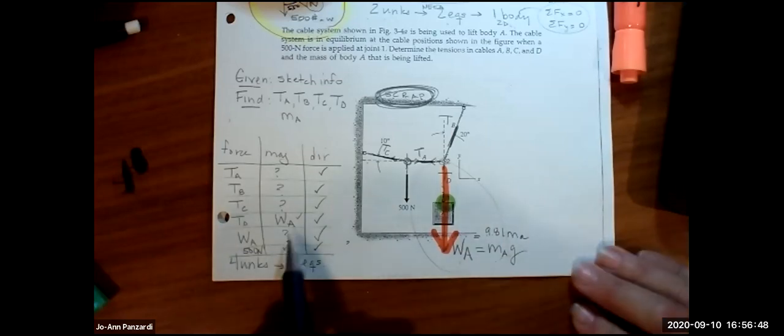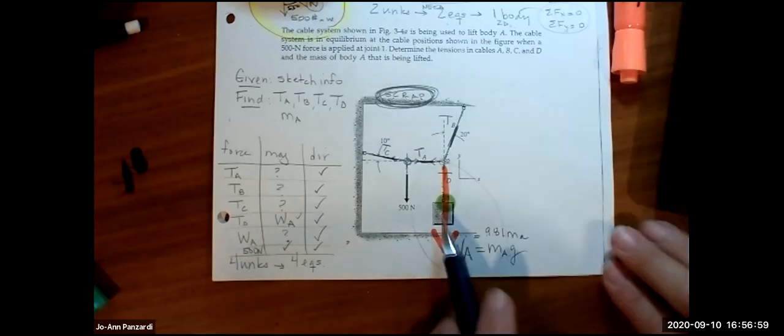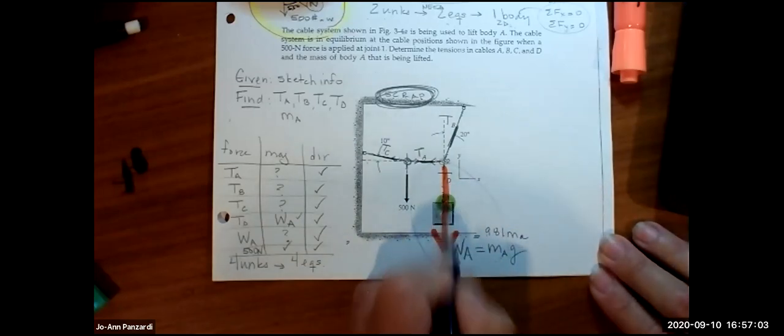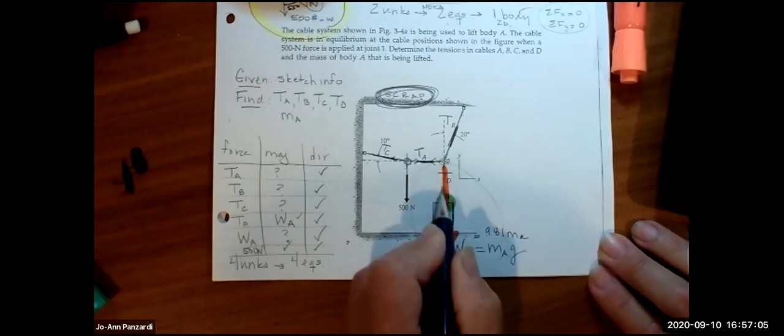If you put a question mark into TD, you would need 5 equations, right? What equation did I actually use to say that TD was equal to WA?